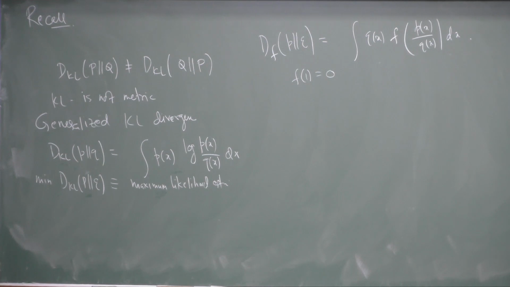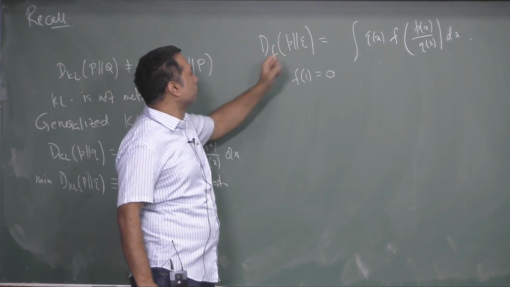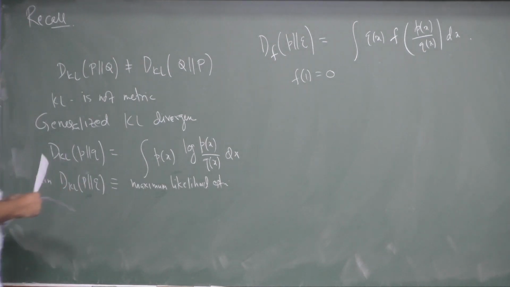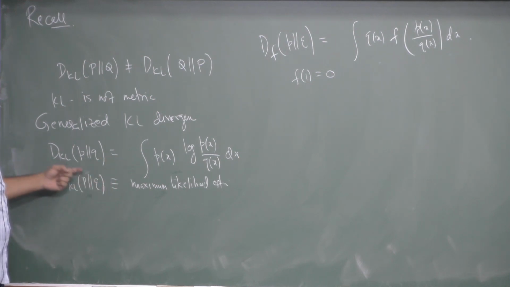So F can be any convex function, but F of 1 vanishes. This is an expectation that P equals Q should give me 0. So this was the generalization from the statistics point of view, because in statistics people try to compare two distributions.